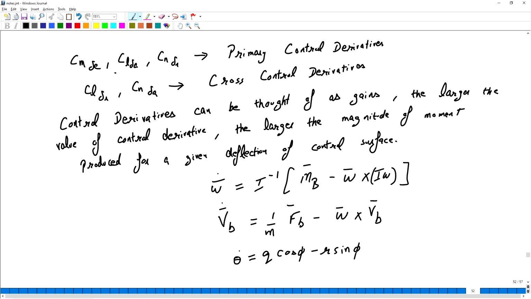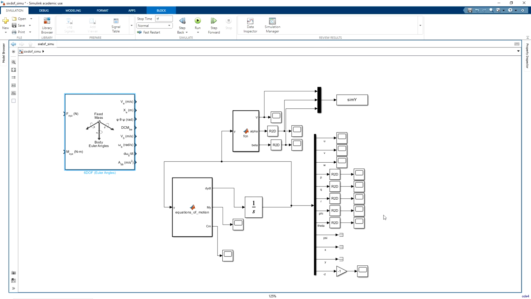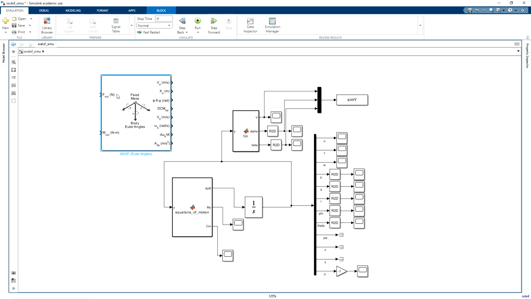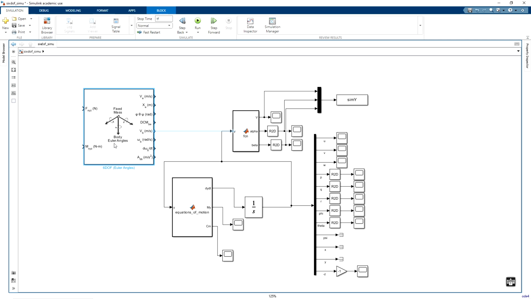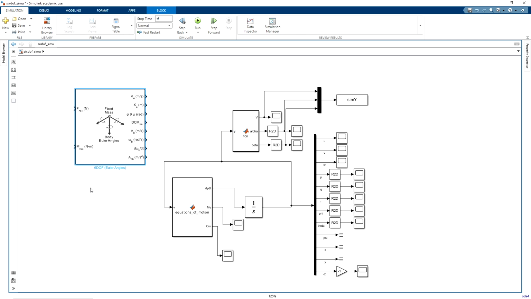Now let us go back to the Simulink model and see here. Likewise, in the 6DOF model, we have the inputs as forces, only this time in vector form: Fx, Fy and Fz, and the moments Mx, My and Mz about x, y and z axis. So this I am leaving as an exercise to you.